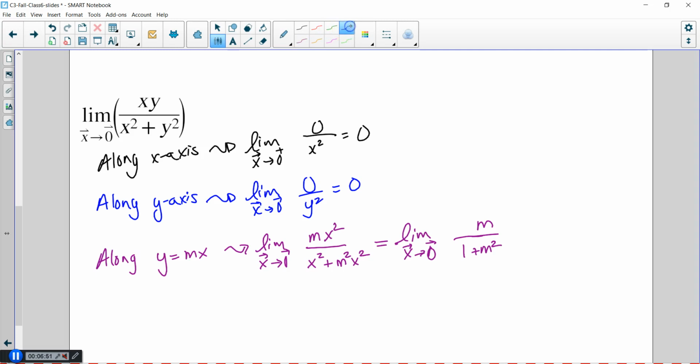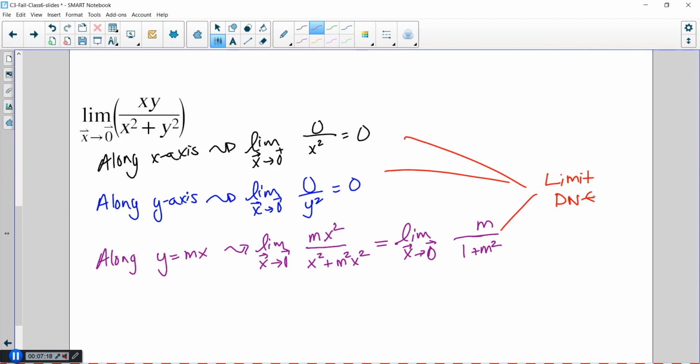But what I see now is that this line and any one of those along the axis are not the same. So this means that the limit, oh, that's terrible handwriting. Limit does not exist. Okay?